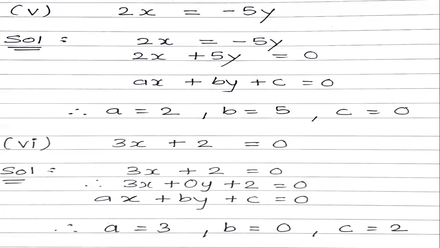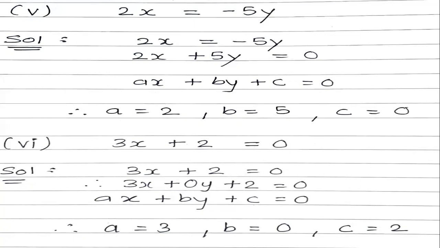And as you can easily compare and tell me, a will be equal to 2, b will be equal to plus 5, and as in the previous case, here too, there is no constant mentioned directly in the question, so we'll take c is equal to 0. Very similar to question number 4.